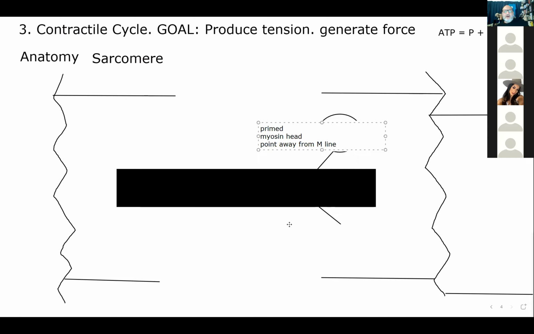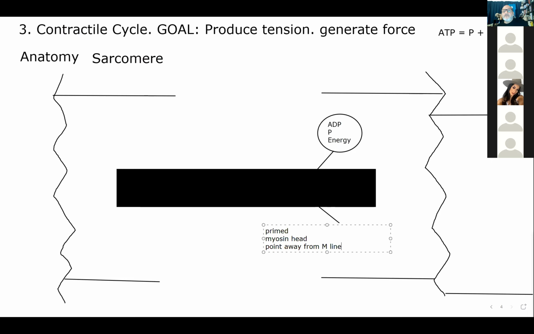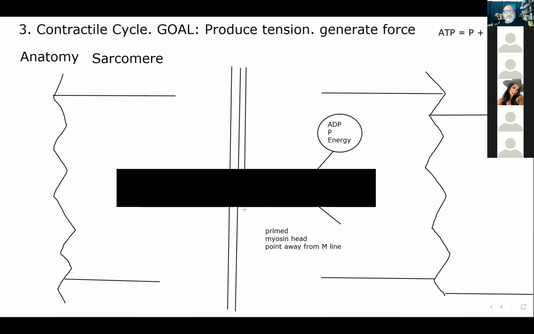Remember that our sarcomere has those 3 interlocking proteins at the midline, that myosin.